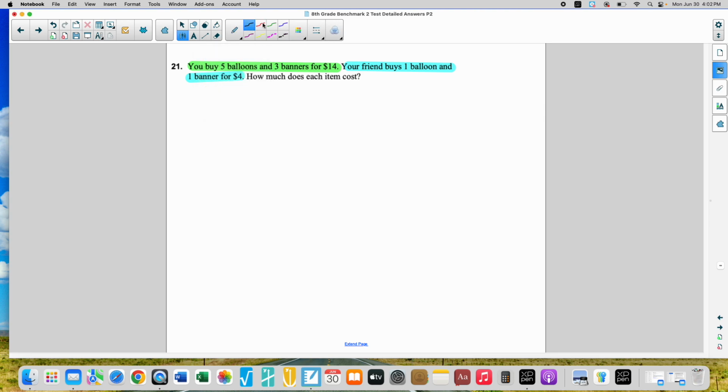We'll write the green one, 5 balloons plus 3 banners equals $14. So off to the side, I'm going to say b is balloons and n is banners. That's how I keep track of that. And then the other equation says 1 balloon plus 1 banner equals $4. And now I have a system.